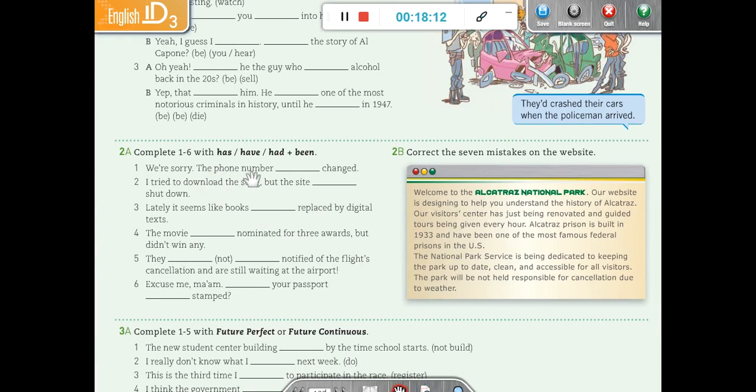So, sorry, the phone number. Okay, you are going to use has or had been changed. So you are going to decide if it is present perfect or past perfect. Please put a stop so you can write the answers and also correct the mistakes. Please, I'm going to ask you for real, wait, put a stop, and at the end check your answers.